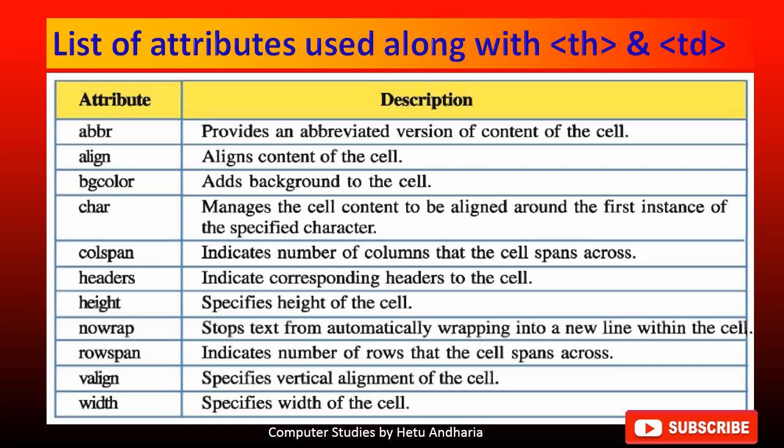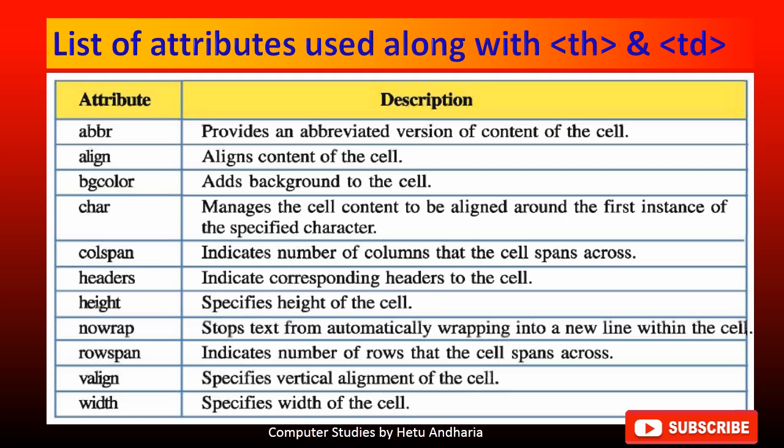Headers indicate corresponding headers to the cell. Height specifies the height of the cell, which we also used just now. Then nowrap stops text from automatically wrapping within the cell. So if you give nowrap, then you will not be able to reduce the width of the column, because the content of the cell cannot be broken into 2-3 lines.